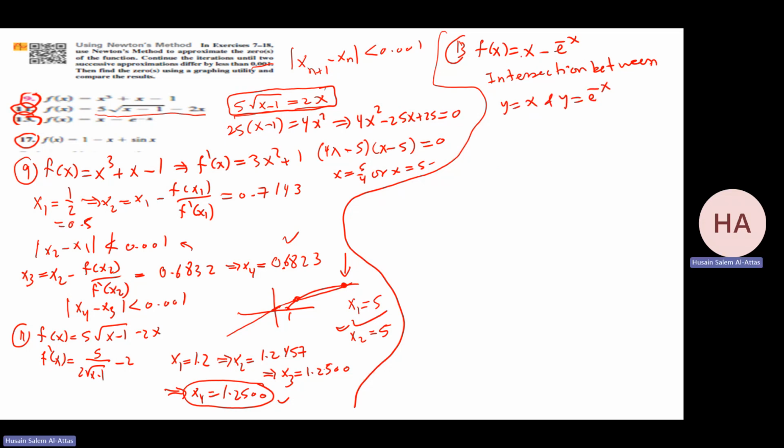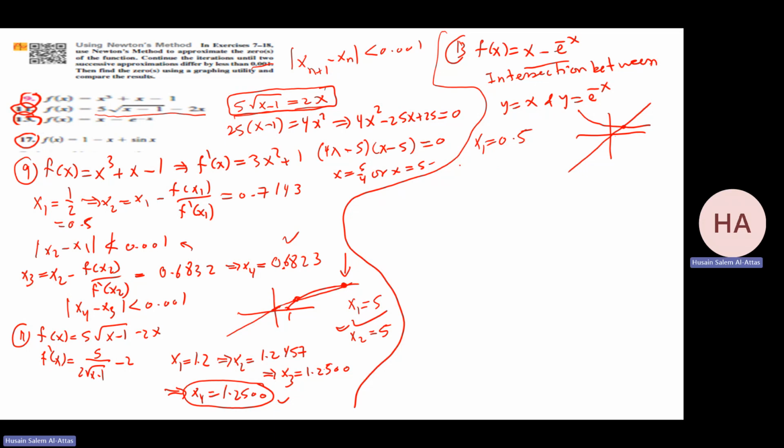This means the zeros of this. So we do this. This is e to the minus x, and this is y equal x. So what would be a good starting point? Maybe 0.5. We do that. Plug it.